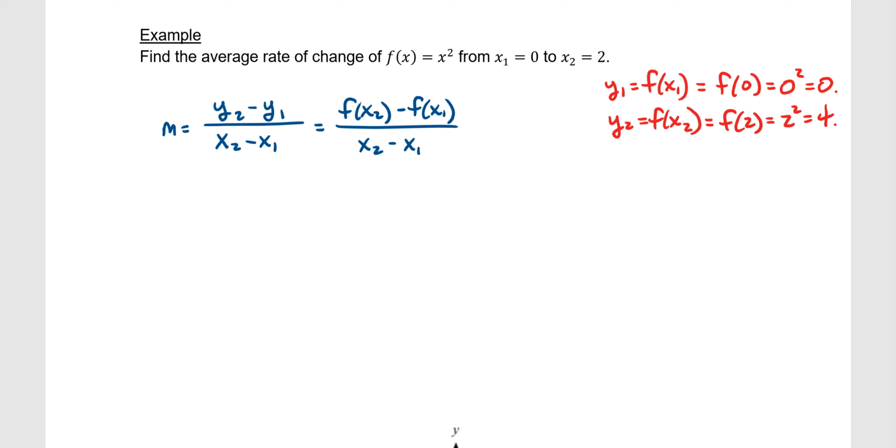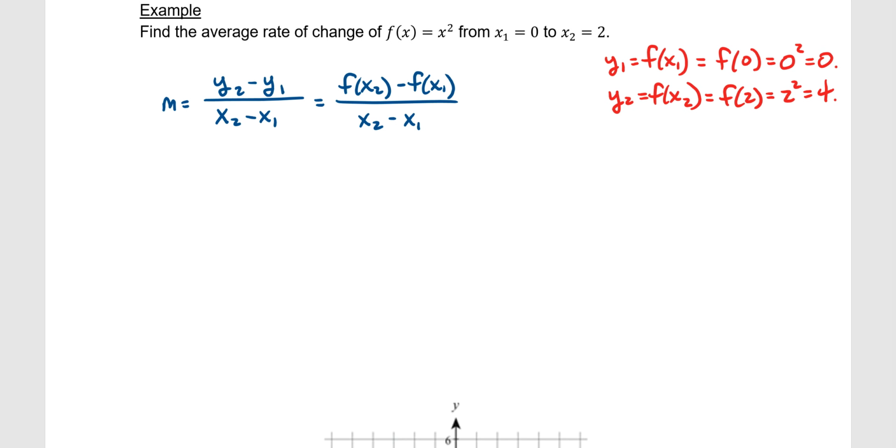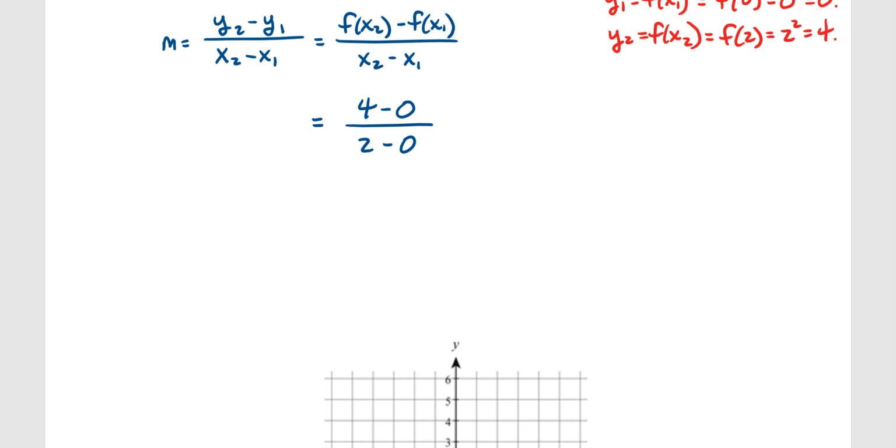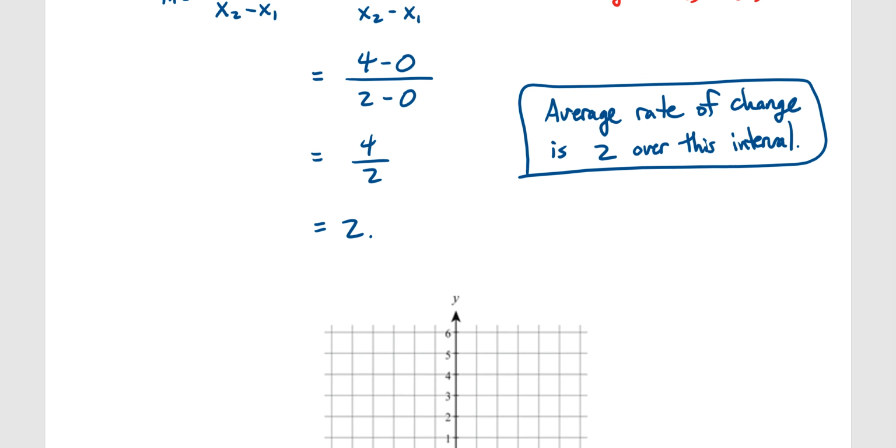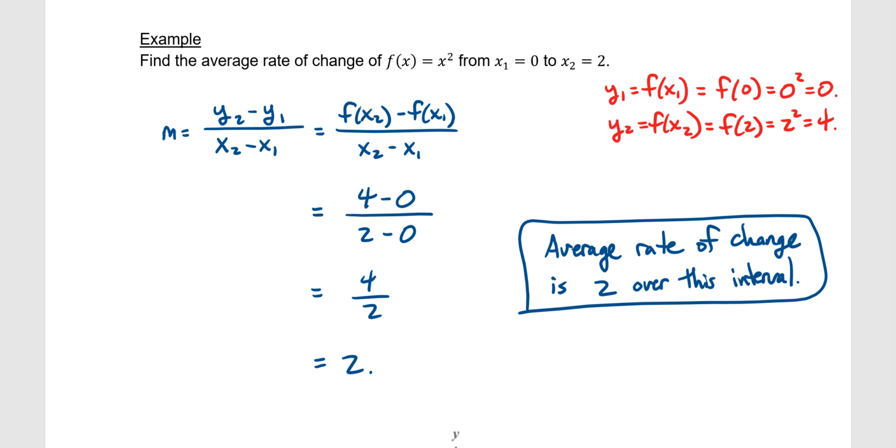Now we can plug those in, and we get (4 minus 0) divided by (2 minus 0), which is 4 over 2, which gives us 2. So the average rate of change is 2 over this interval. That means on average, the y values changed 2 units for every 1 unit that the x value changed. So let's take a look at the graph of this. Our function was f of x equals x squared.